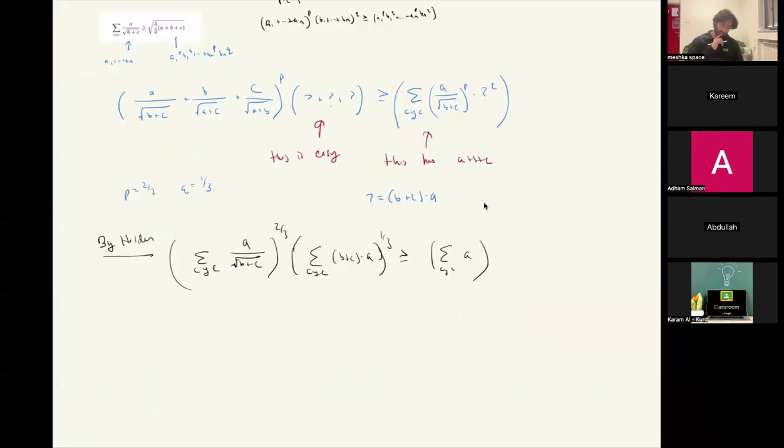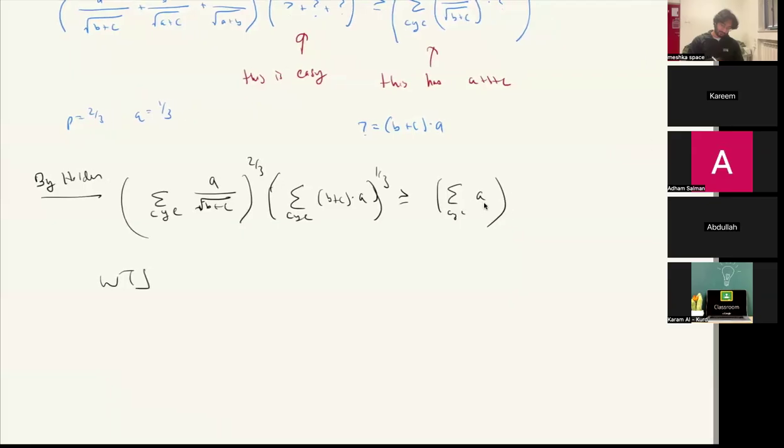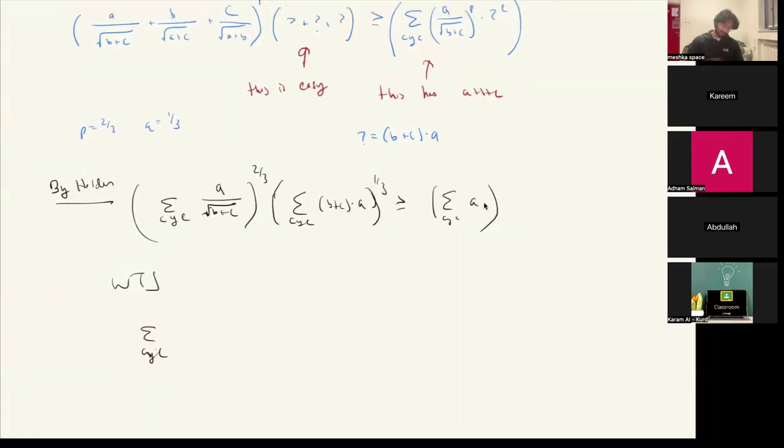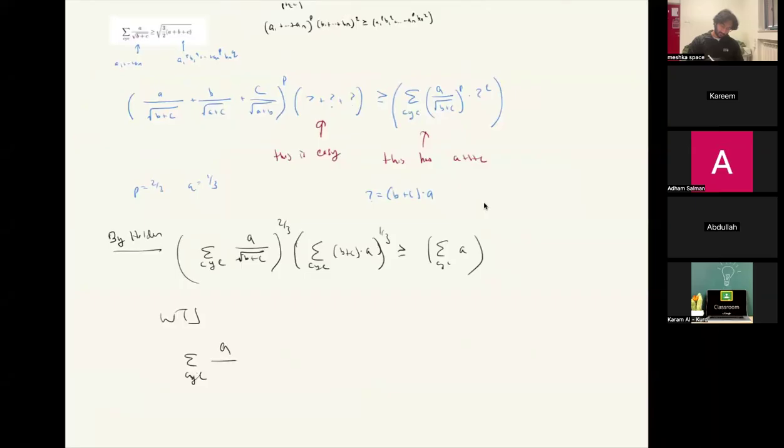I want to show now that, okay, let's do it like this. I say cyclic sum of A over root B plus C is greater than or equal to, so, okay, I'm pasting this over here.